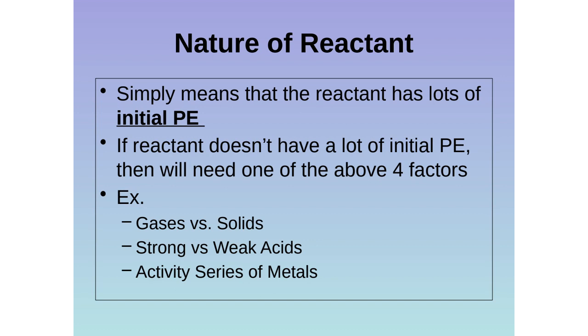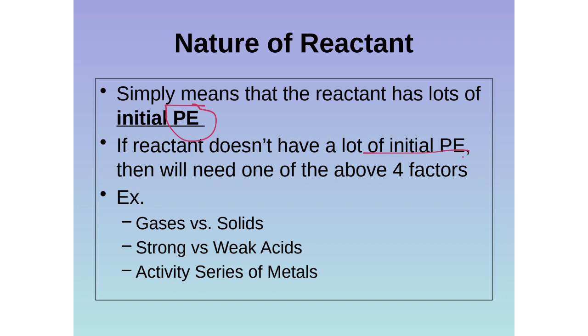What it does mean is that when we are changing the nature of a reactant, we are either swapping in or swapping out a reactant that has more or less potential energy. If reactants have a lot of potential energy, oftentimes the reaction happens faster. If a reactant doesn't have a lot of initial potential energy, then we need one of those above 4 factors in order to speed up the reaction.